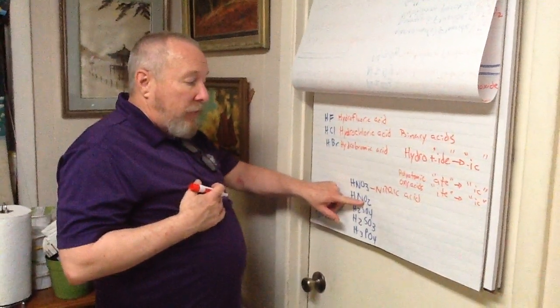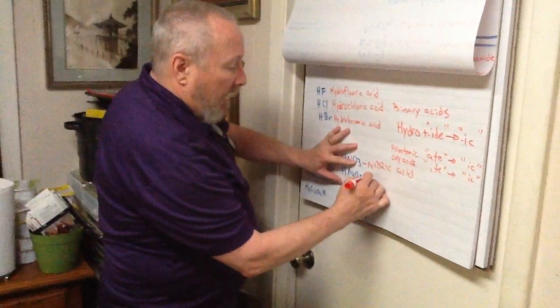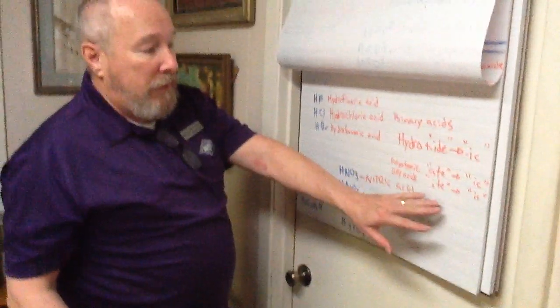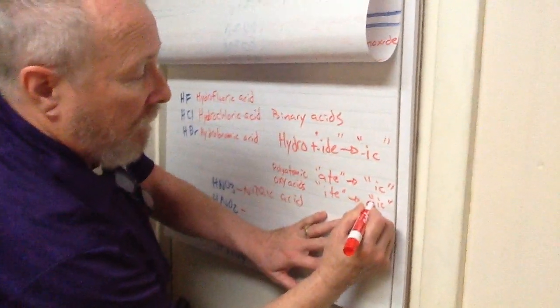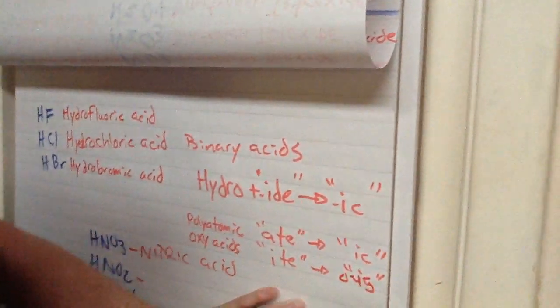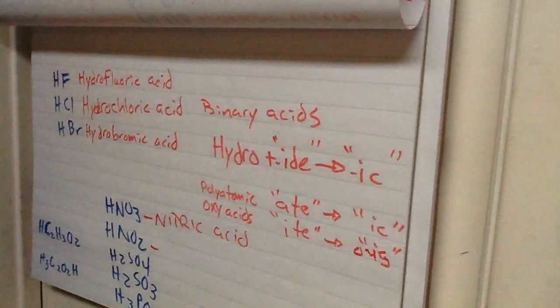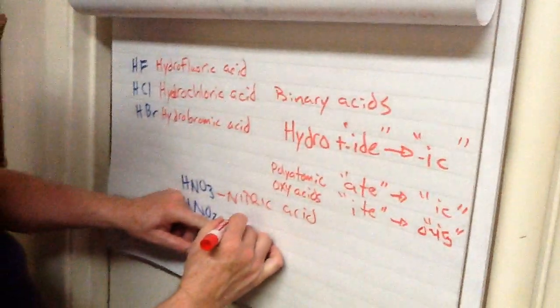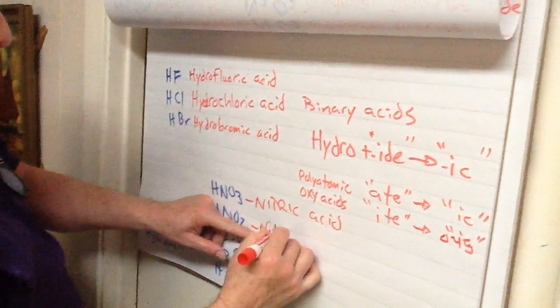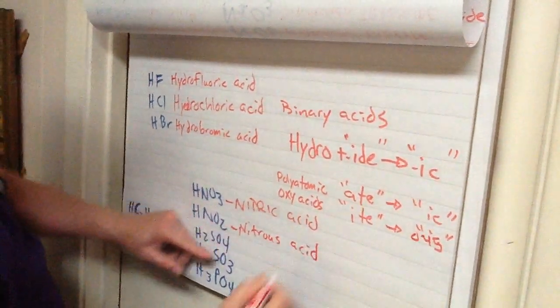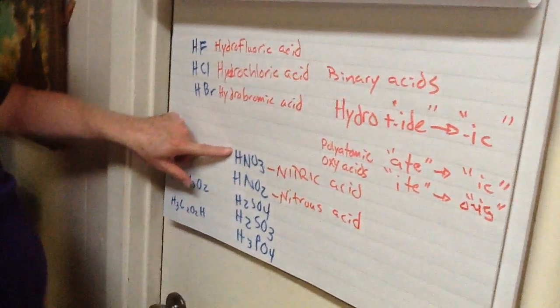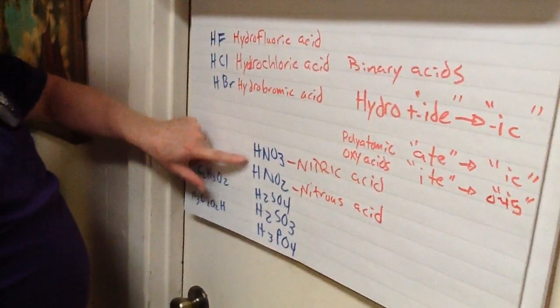But this nitrite salt, the ite salts, become the, oops, I wrote this down wrong, become the ous acid. So this becomes nitrous acid.